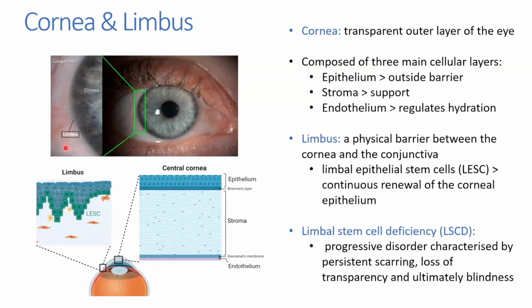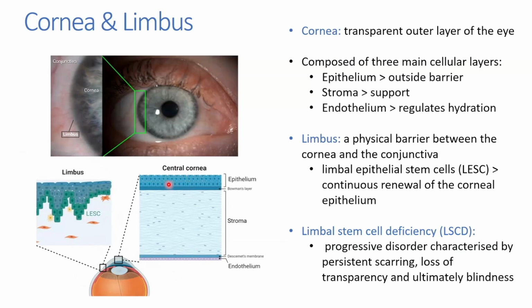When we look at the structure of the limbus, the ring I told you about just before, it has limbal epithelial stem cells. These cells are very important because they are the stem cells of the eye that differentiate and replenish the central epithelium.